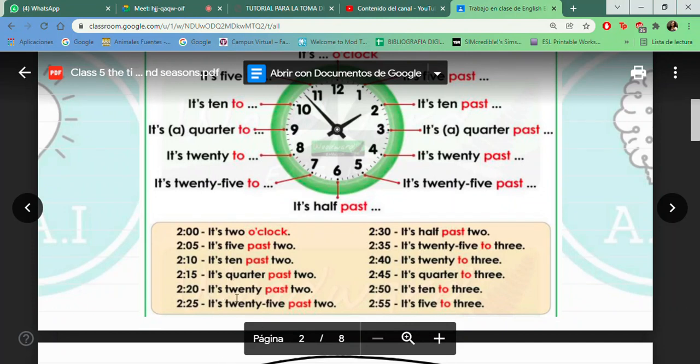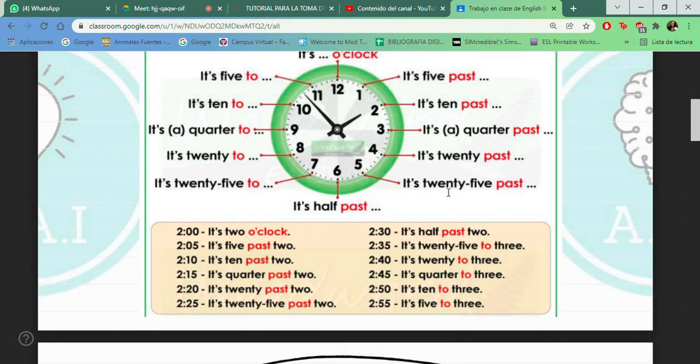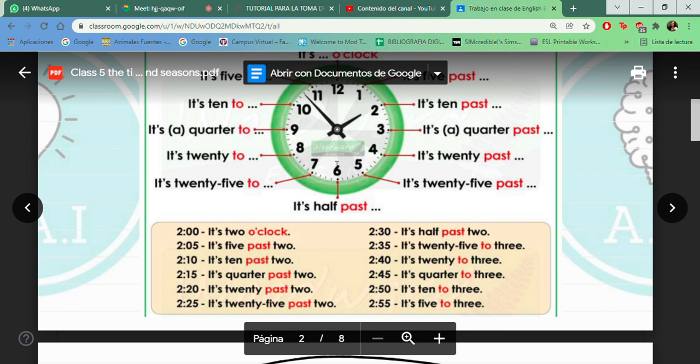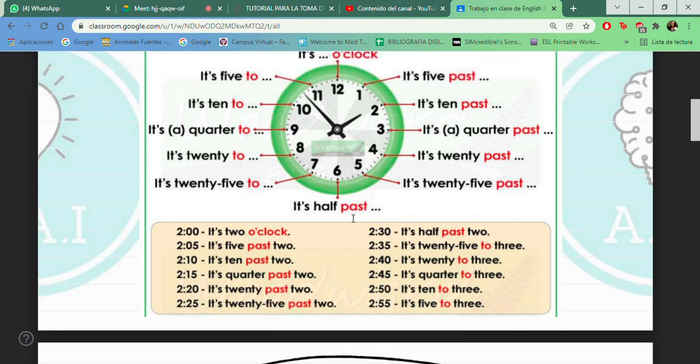Let's see. Then we have 20 and 25, the minutes. The minutes past. The only difference is quarter. Es la única diferencia es esa, y cuarto, right? Y quarter past. It's 20 past. It's 25 past. Then we have here half past.